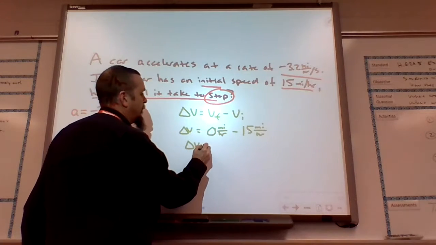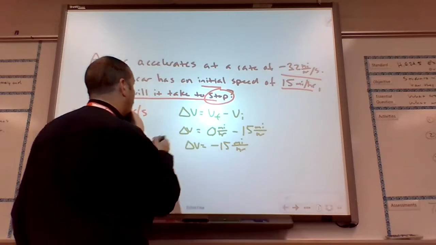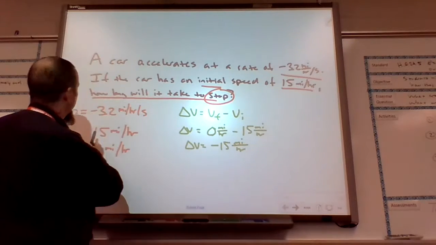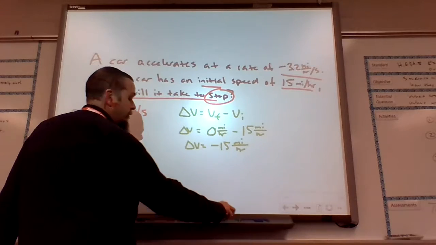My delta V is negative 15 miles per hour. And that negative sign is important, because if it is not there, then your signs aren't going to cancel out correctly, and you're going to end up with a negative time, which we can't have. So that negative is important. It's going to end up canceling out the negative in our acceleration, so we get a positive answer for time.